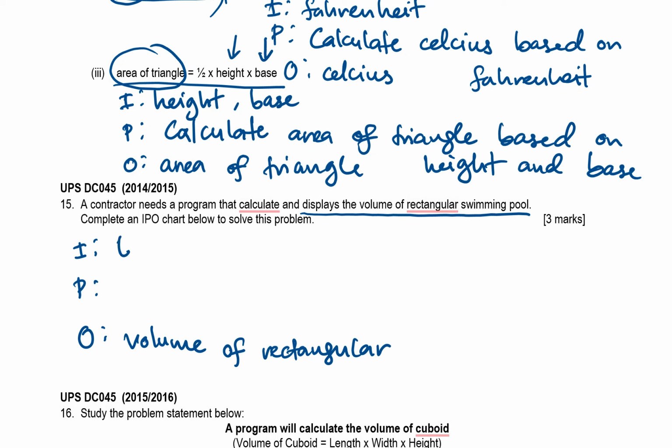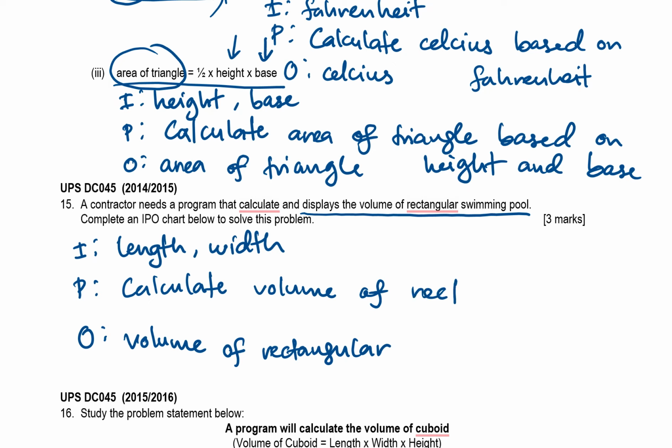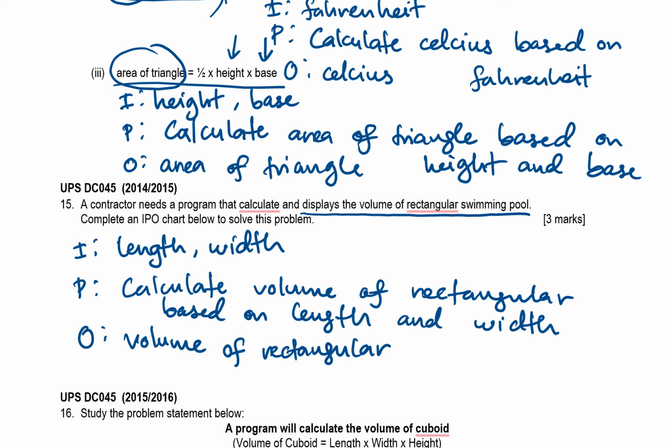Of course, its length, comma, and width, right? Then only the process is calculate volume of rectangular based on what? Based on length and width, right? This one is a sequence control structure.